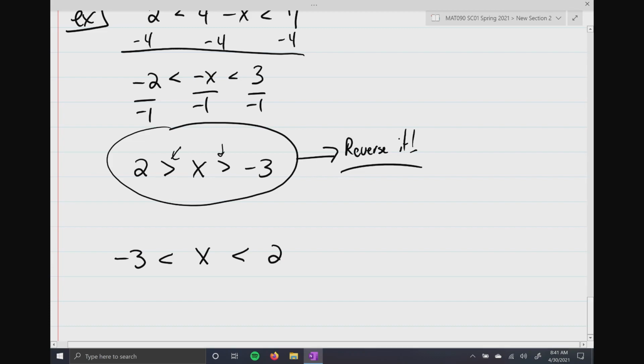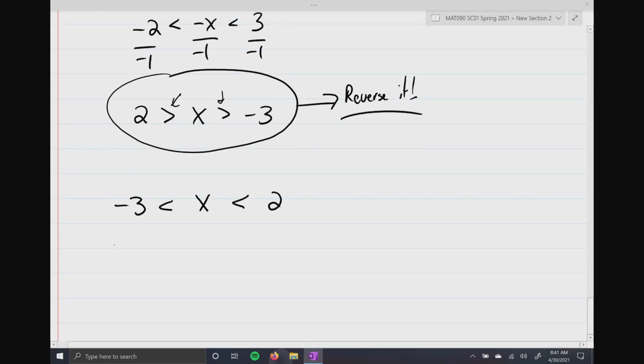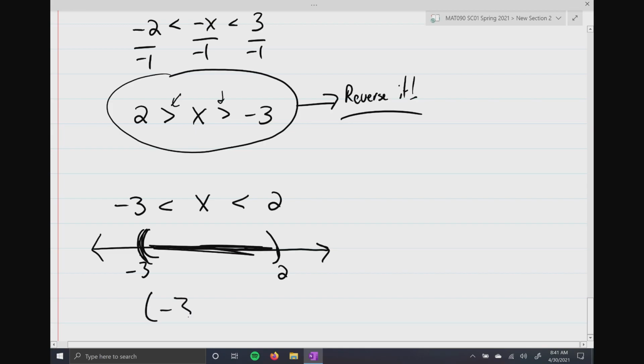So all I did was I reversed it. So now it makes sense. Negative 3 is less than x, which is less than 2, which is a true statement. That is our worst case scenario, is when we have to divide by a negative number. Okay? Any questions?